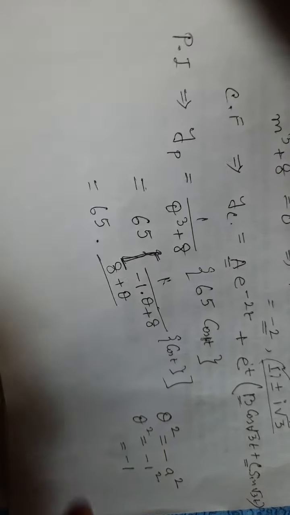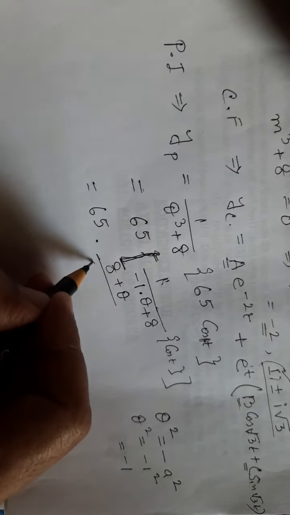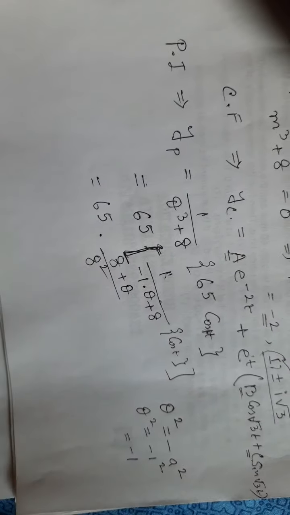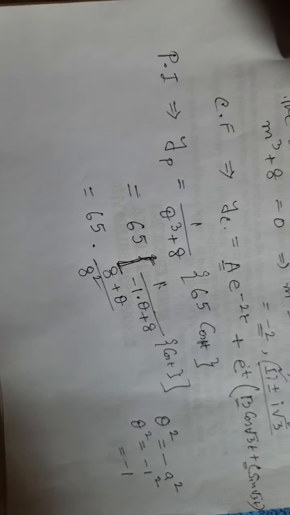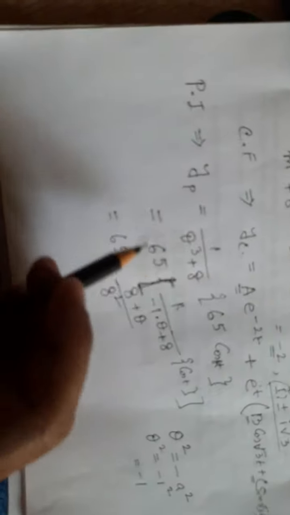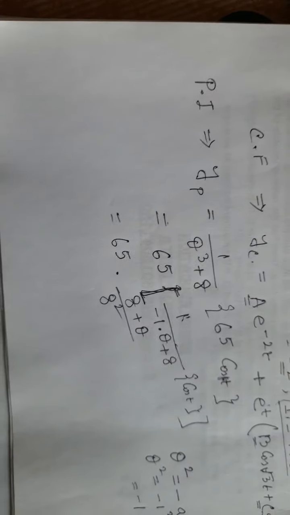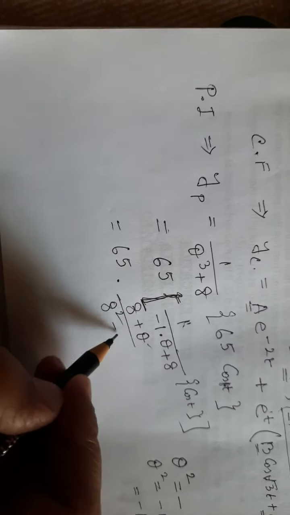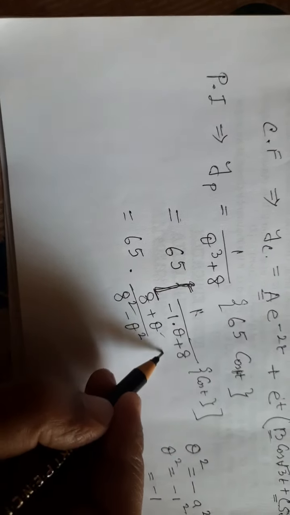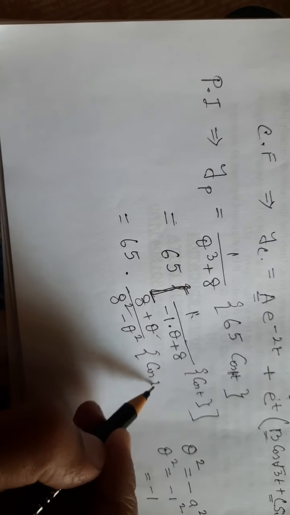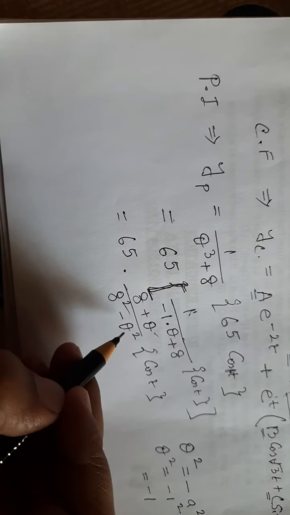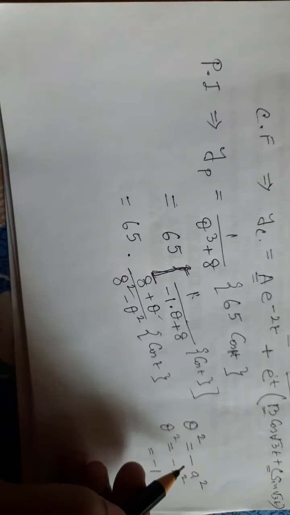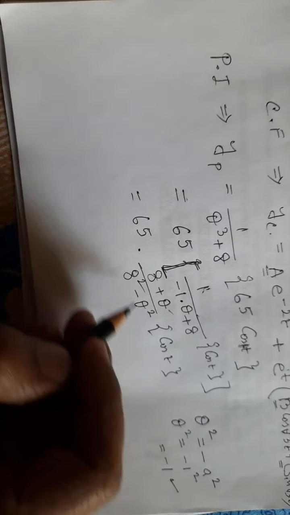So here we have 8 square, and after multiplying numerator and denominator by 8 plus theta, we have 8 plus theta divided by 8 square minus theta square on cos t. Here again we put the value of theta square, that is minus 1.